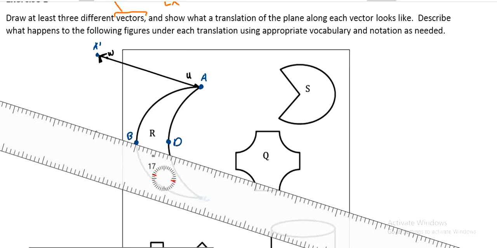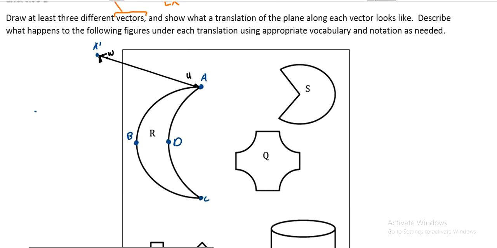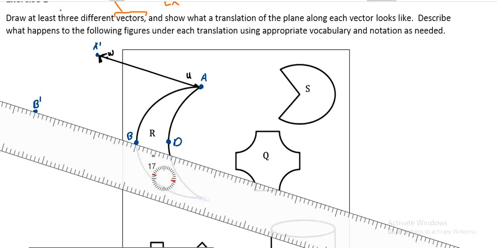There's 10, 20, 25 would be right about here. After I move it, it's labeled B prime. And I keep going with the other ones.